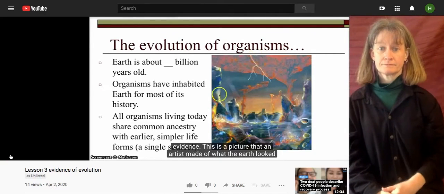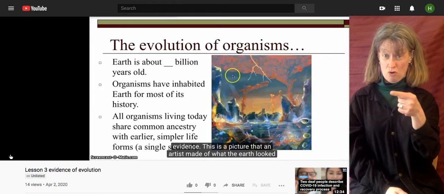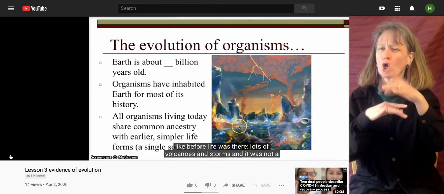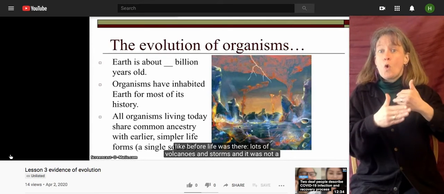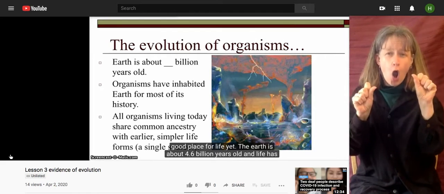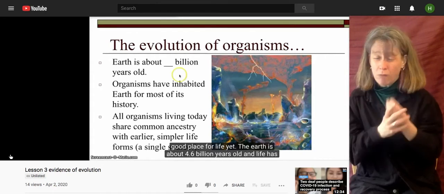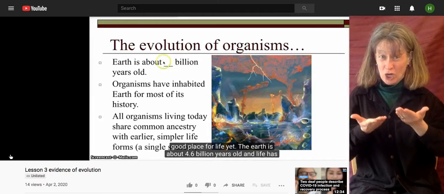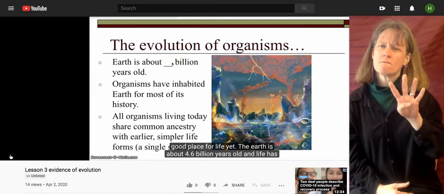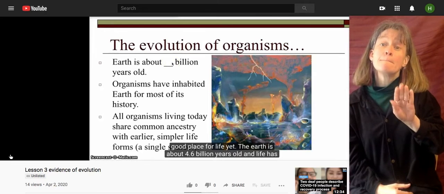This is a picture that an artist made of what the earth looked like before life was there. Lots of volcanoes and storms, and it was not a good place for life yet. The earth is about 4.6 billion years old.